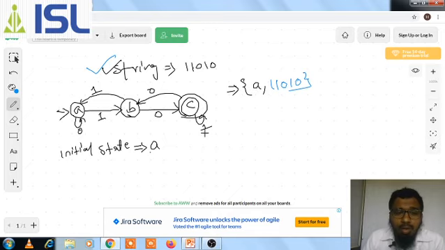First we write the initial state, and then we write the string. Now here A is 1.